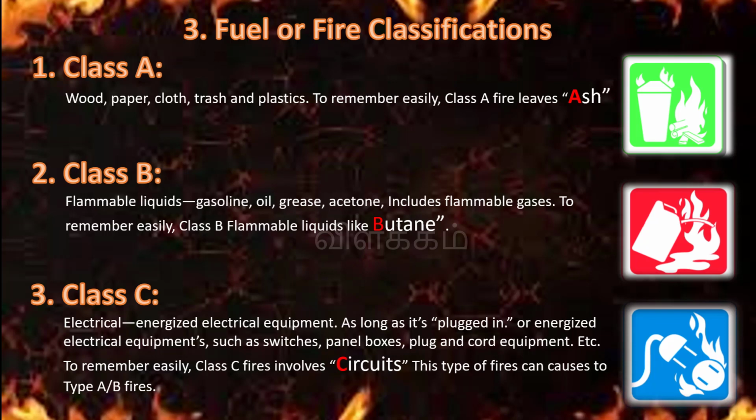Then Class B fire or Class B fuel. Class B fuel: flammable liquids like gasoline, oil, grease, acetone, and it includes flammable gases. To remember easily, Class B is flammable liquids like butane, B, Class B. You can remember like this.